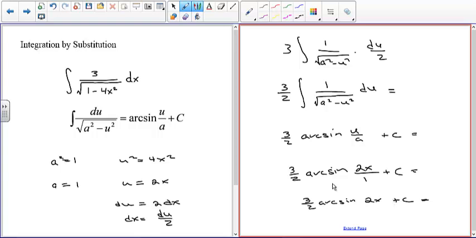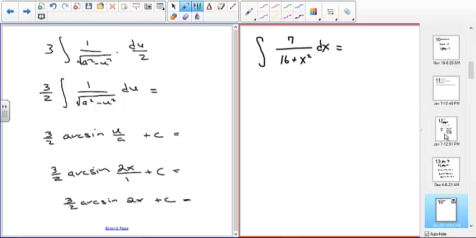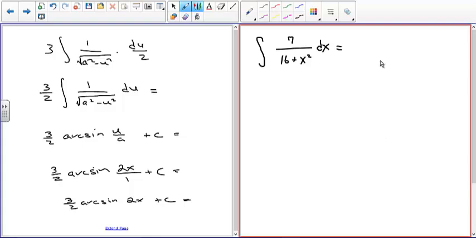Okay, let's see what we got next here. Let me write out the equation so you can see it. Hopefully you would say, oh, this looks like the 1 over a squared plus u squared du formula.